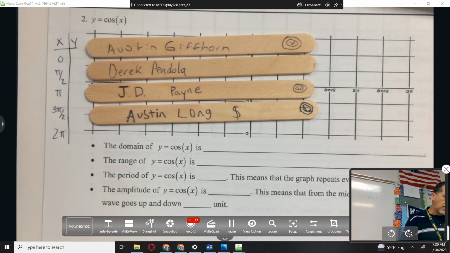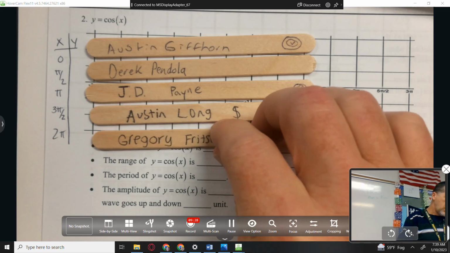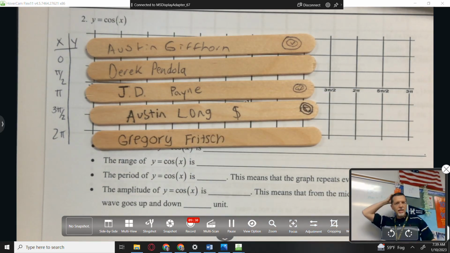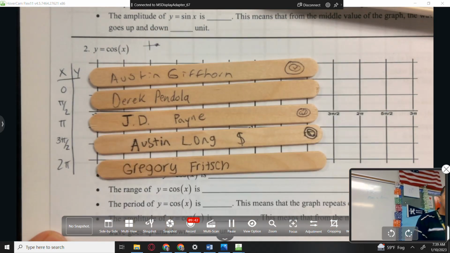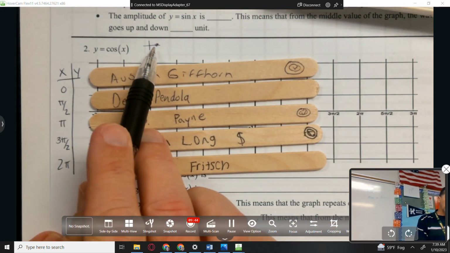Heavy on the right side of the room here. All right, Austin, what's the cosine of 0? So there's 0 degrees.